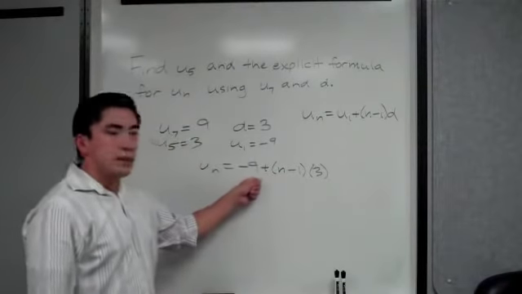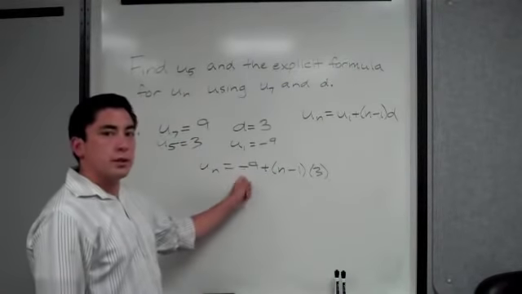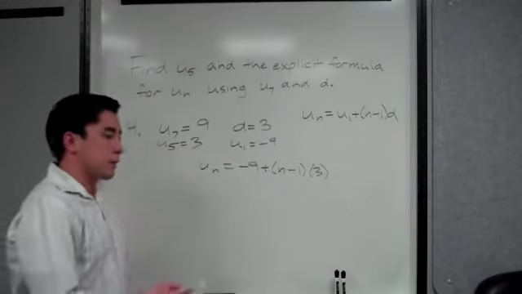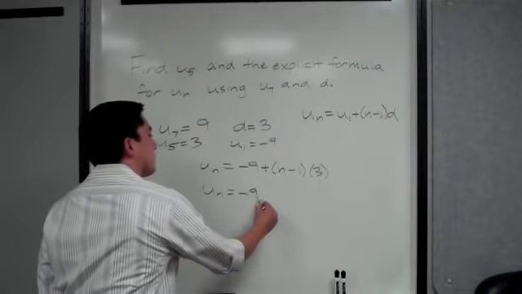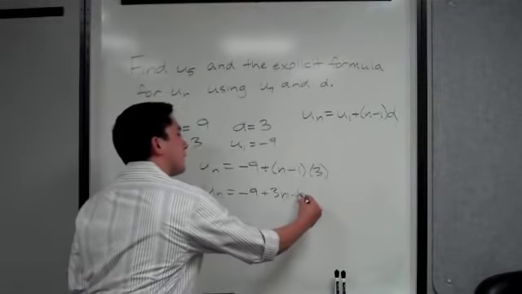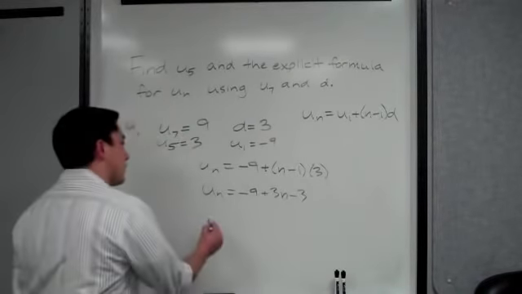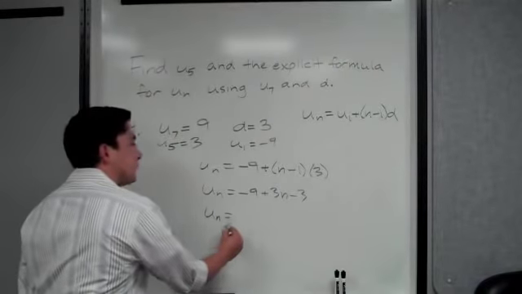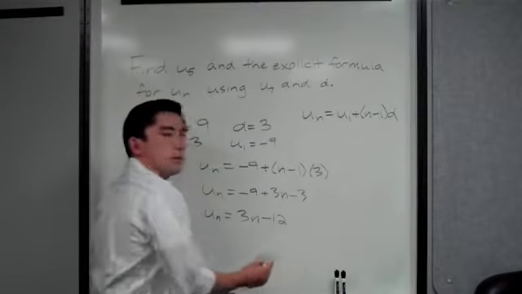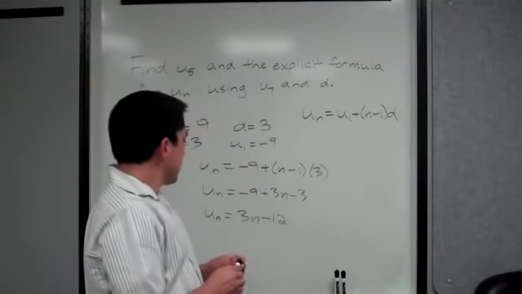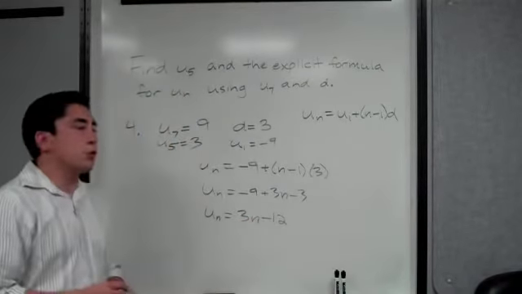Okay? But we needed our first term. That's why we found our first term, because we need our first term there. Okay? So now we have u sub n is equal to negative 9 plus 3n minus 3. So our final answer is u sub n is equal to 3n minus 12. Okay? And that is how we find our explicit formula.